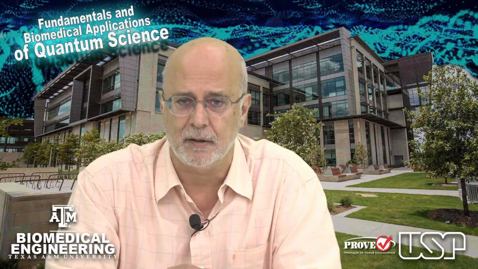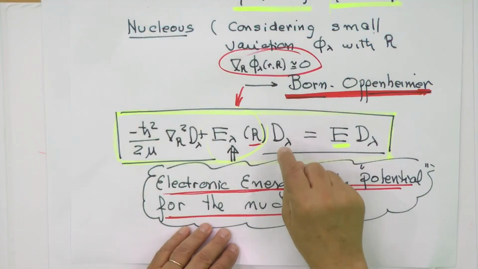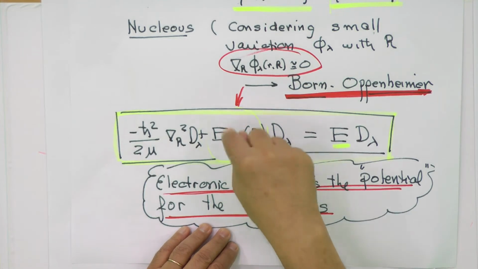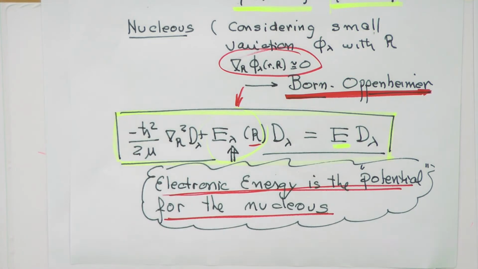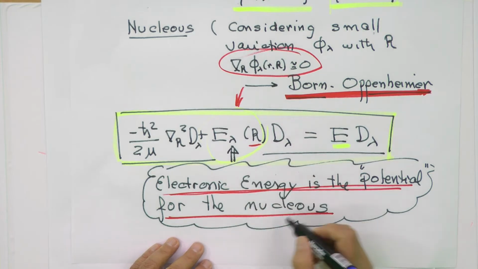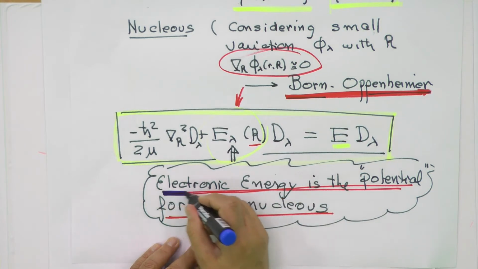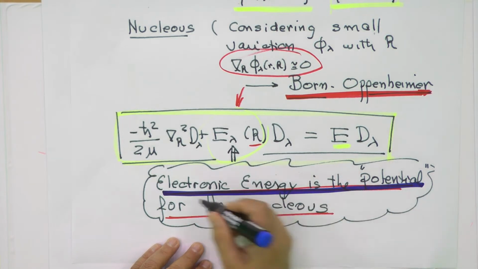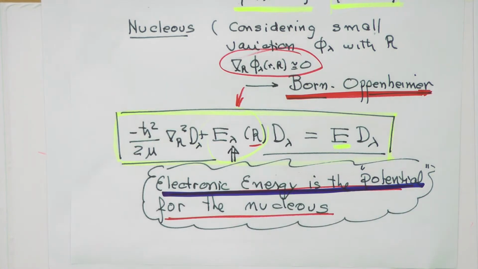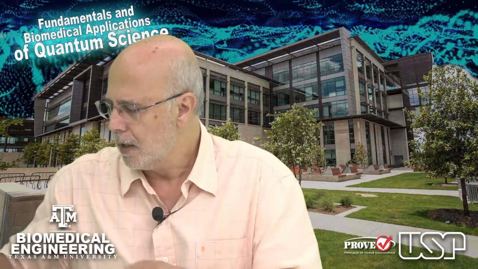And this is everything because quantum mechanics tells us that what's keeping the two nuclei together is the electronic energy. This is the fundamental thing. The electronic energy is the binding potential for the two nuclei. And that's the origin of the chemical bond.